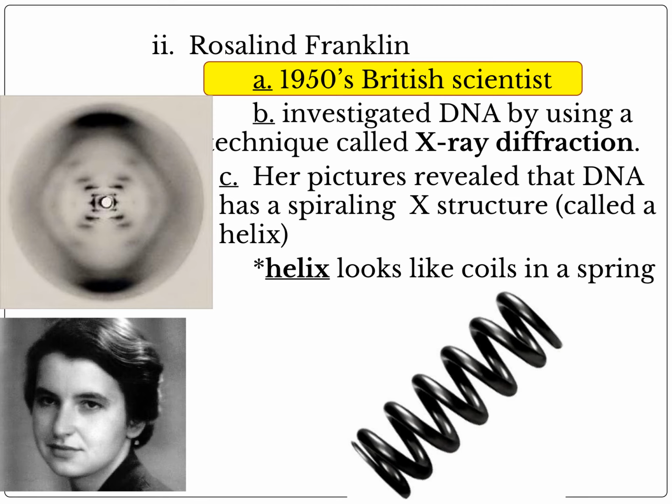So she did most of her work in the early 50s, and she looked at DNA by using this technique called X-ray diffraction, which is a fancy way of talking about taking these sort of photographs using X-rays to kind of capture the shadows cast by really tiny molecules. So her pictures showed that DNA had this spiraling X structure called a double helix. Here it just says helix, but I'm going to write in double.